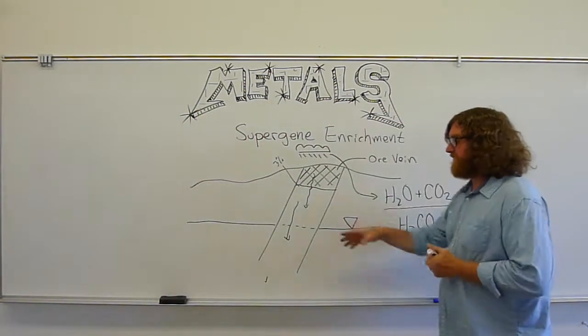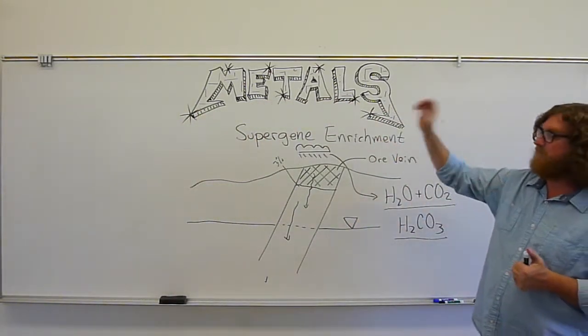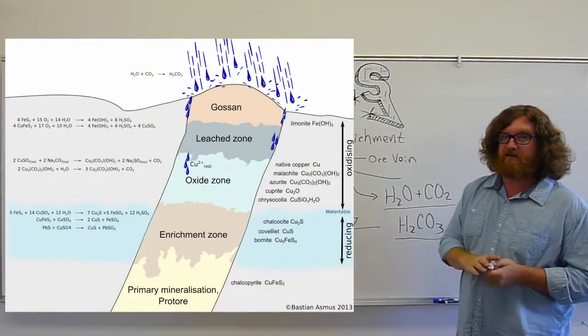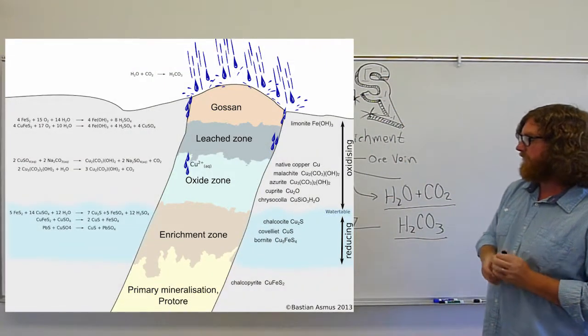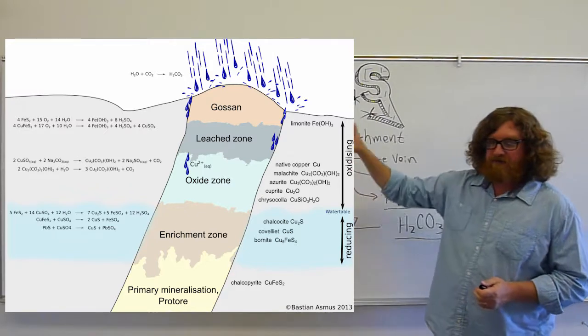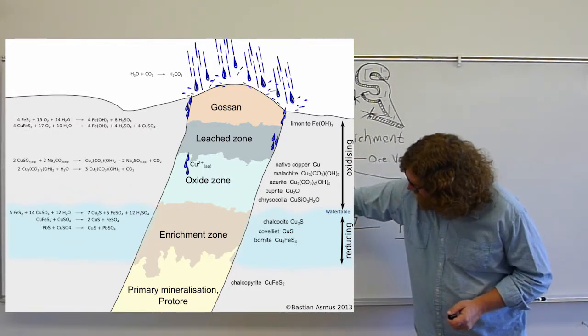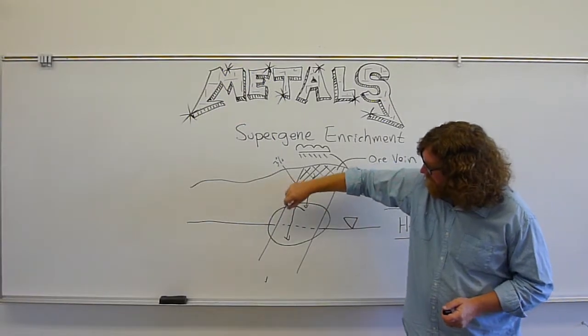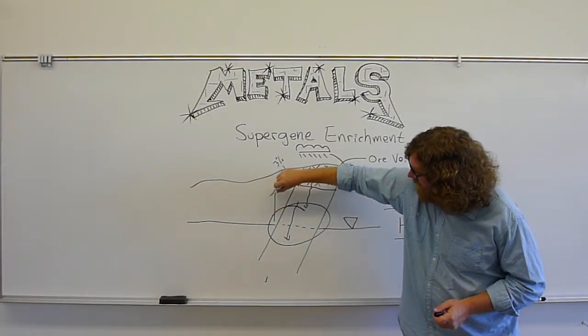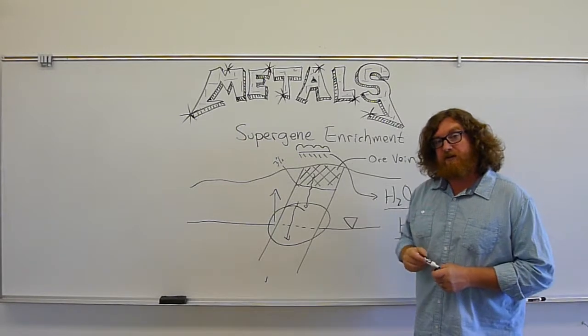You can actually see this is pretty much what I'm trying to draw, but if we look over here, you can see this is a diagram of how a supergene enrichment works. And essentially, as you can see on that diagram and what I'm going to highlight here, the ore in this part of the vein now has a very high or enriched concentration.